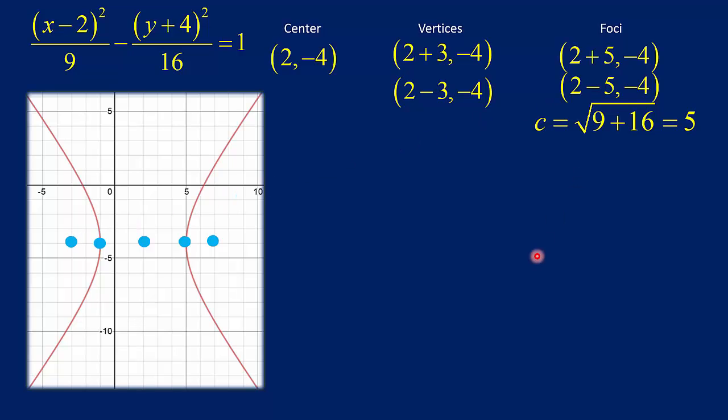There we have it. So those are the important parts. Now, what we need further, we need the asymptotes, and I want to show you how we get those asymptotes. We've got this model right here. This is our hyperbola. Now remember, when we talk about asymptotes, we're talking about what happens as x goes to positive infinity, and what happens as x goes to negative infinity.